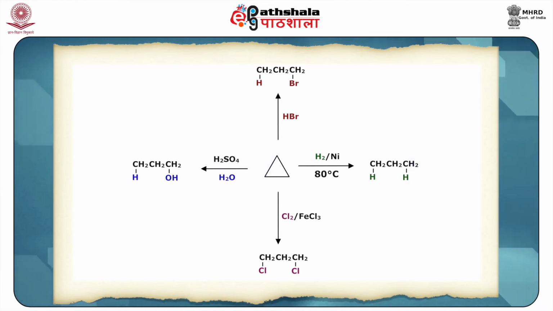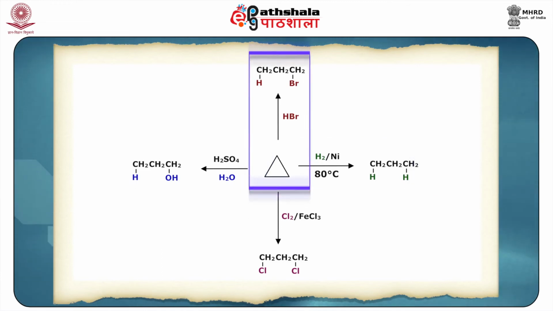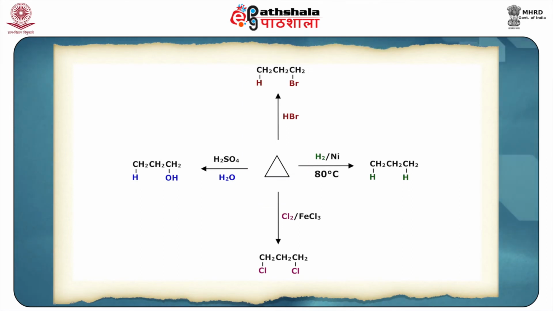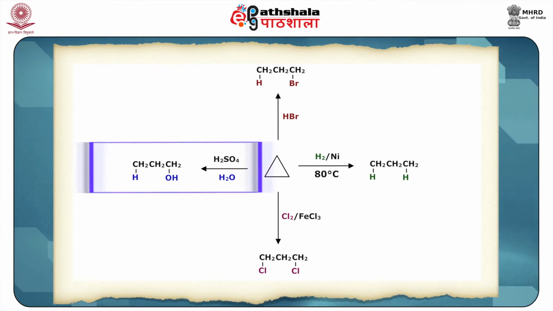When this is reacted with HBr, just like propene reacts with HBr, but there it is between those two carbons, here it is by breaking the ring at the first and third carbons, with addition of H and Br, and you get bromopropane as a product. Similarly, like alkenes reacting with water and acid giving you alcohols, here also in cyclopropane you add H and OH across and you get propanol as the product.